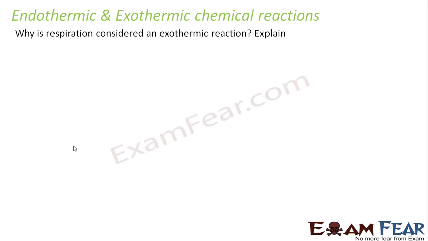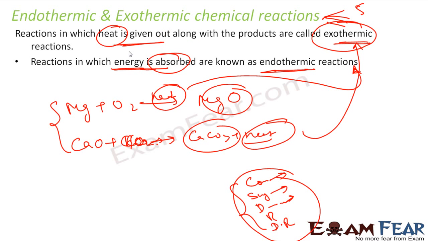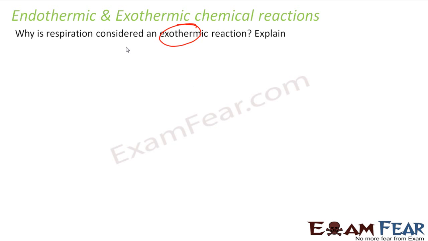Now the question is, why is respiration considered an exothermic reaction? In an exothermic reaction, heat is given out. In respiration, we have food and oxygen is taken in. With this we get energy and we get heat.